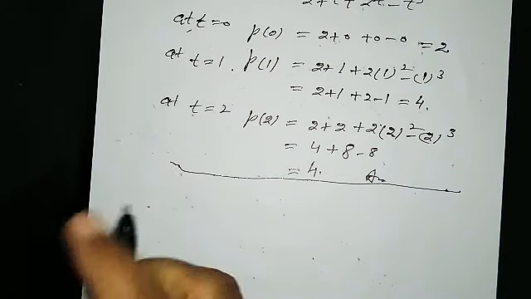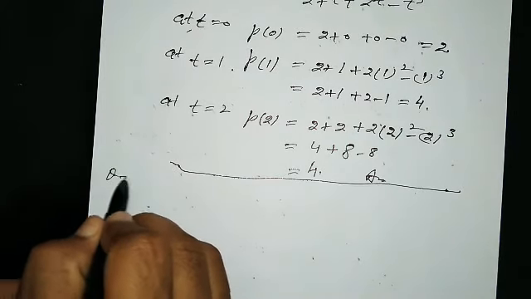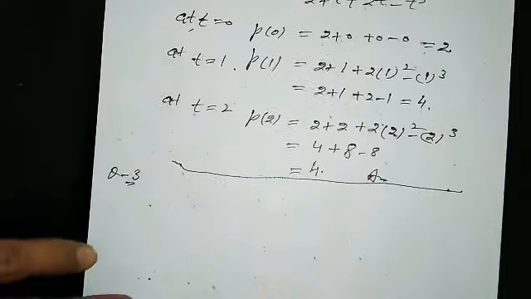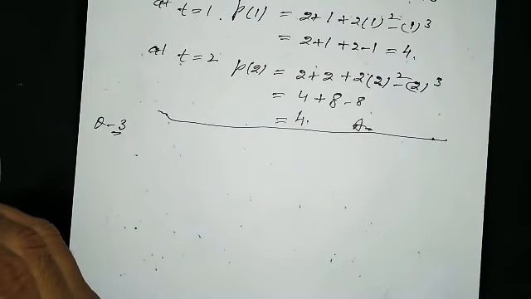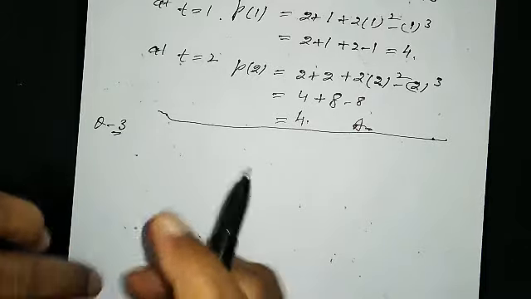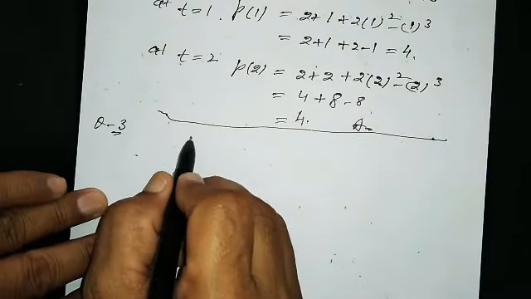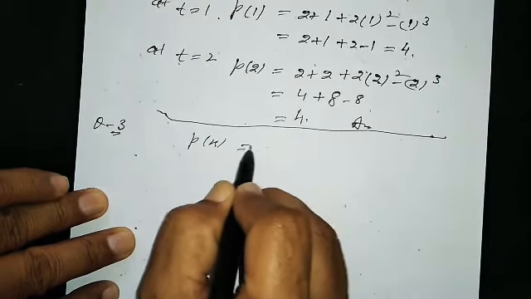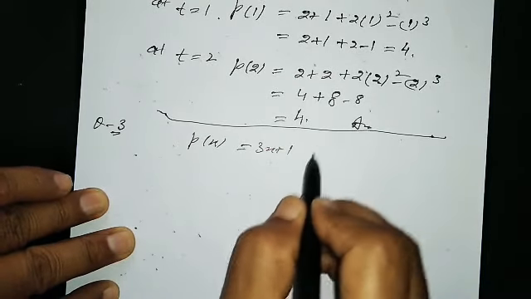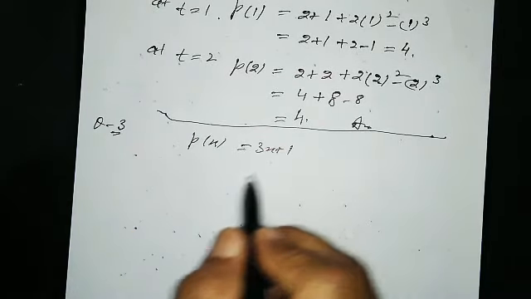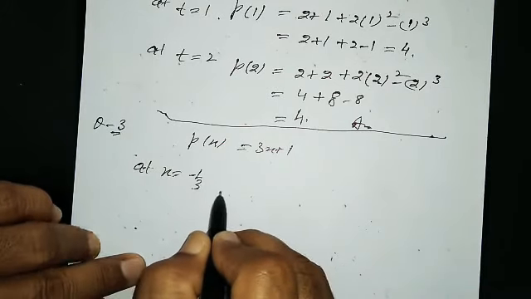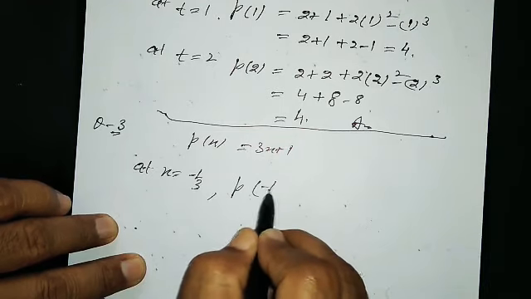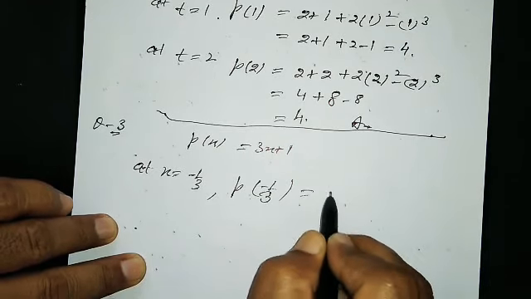Now come to question number 3. Very easy one. Also verify whether the following are zeros, which means we have to verify whether it is 0 or not. p(x) = 3x + 1 at x = -1/3, you will get whether it is 0 or not.